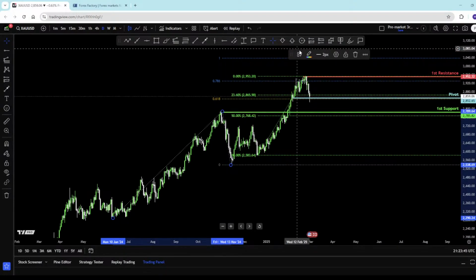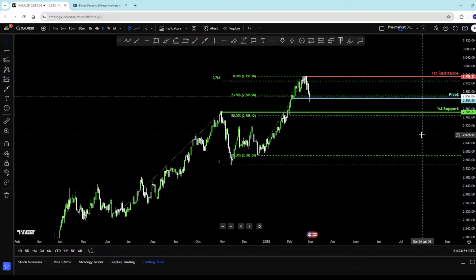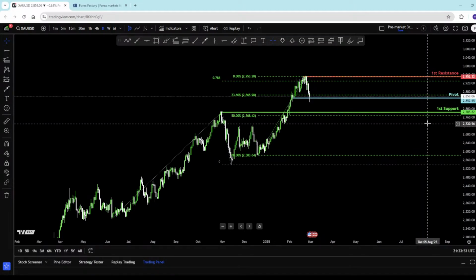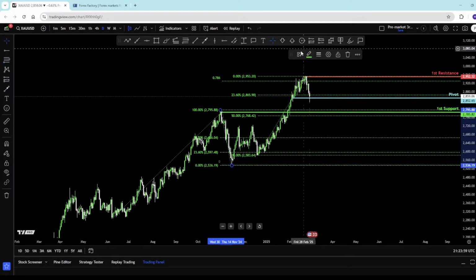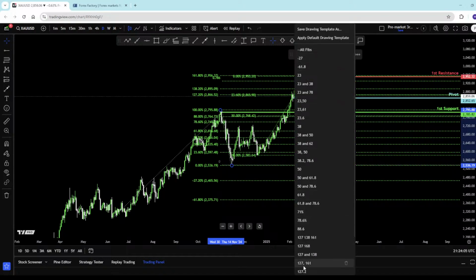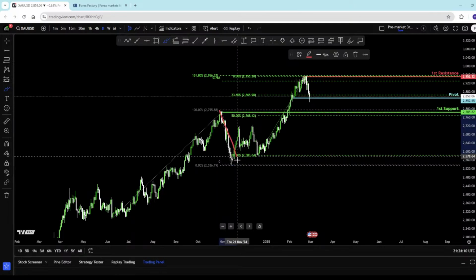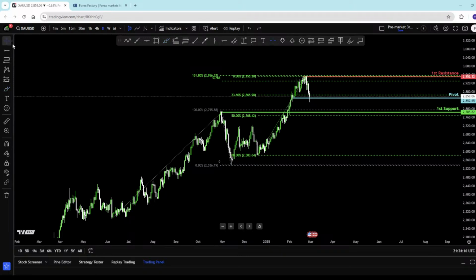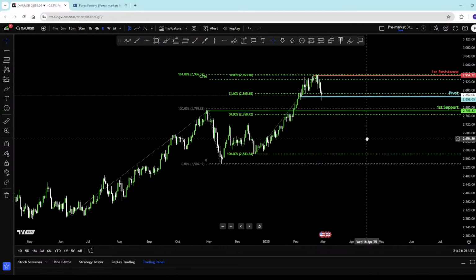So here the 78 lines up with our first resistance. Okay, my 161 also lines up with my first resistance. So for this, you can see again, I'm using that Nike tick shape here. Okay, I think that's all the levels we have.